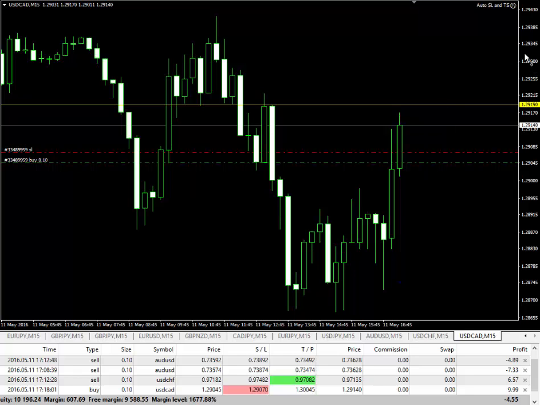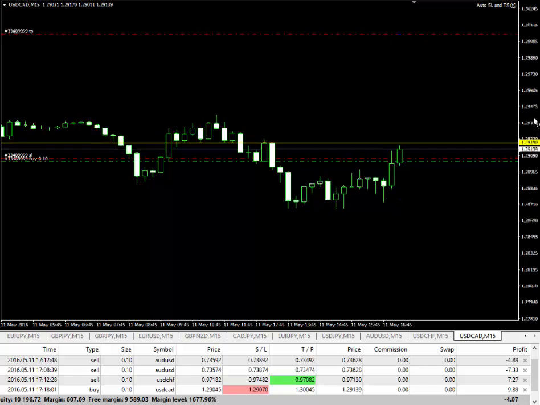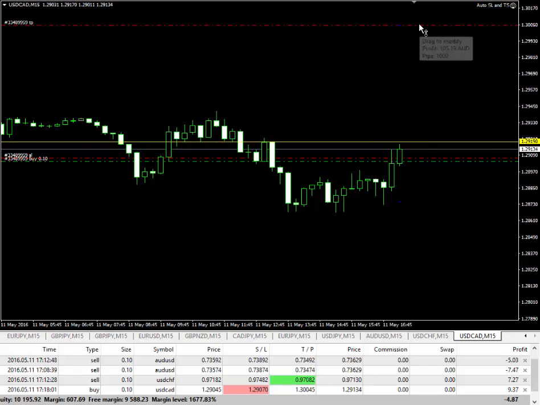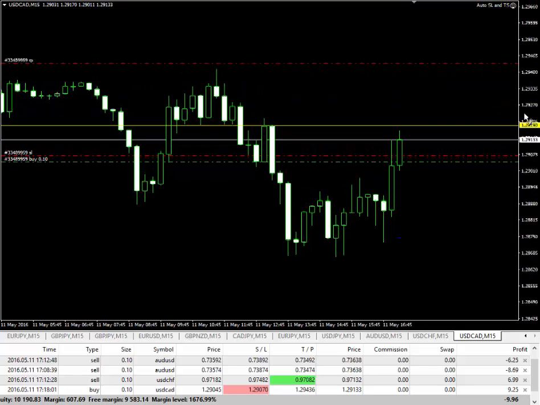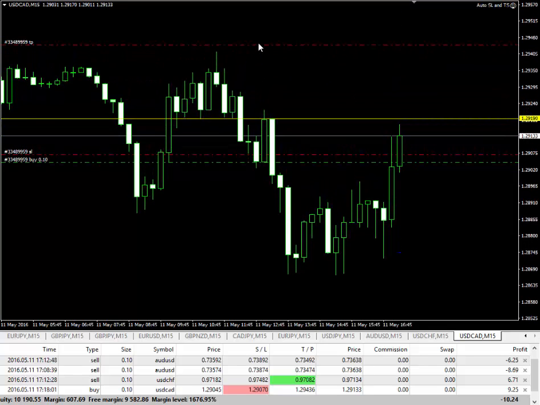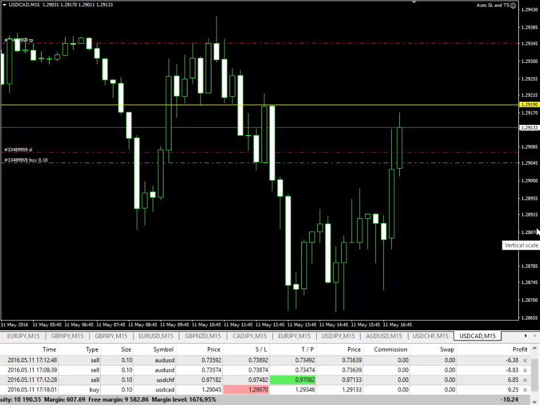Now if you want to do that, you will bring your take profit from here down to here, or maybe below the last high, which is this one. You can bring it here, right? So manually you can manipulate your take profit and stop loss levels.